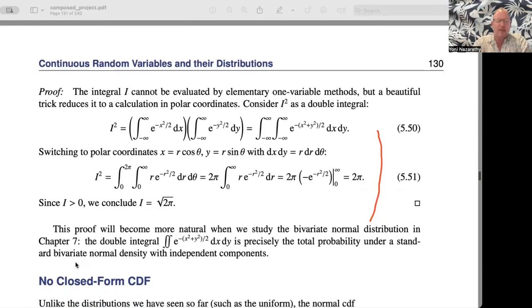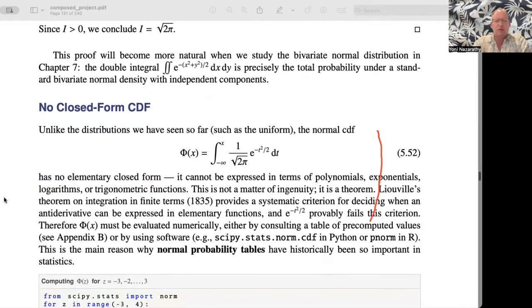Okay, now a thing about the normal distribution is, even though it's so popular, there is no explicit formula for the CDF. This is the CDF of the normal, and there's no explicit formula for it. So we denote it by phi, and this is how we have these common normal probability tables. Normal probability tables tabulate the standard normal distribution.